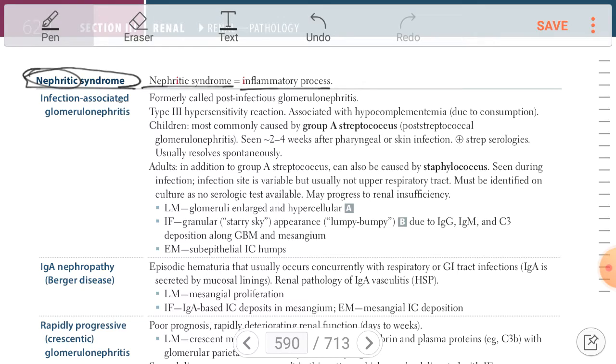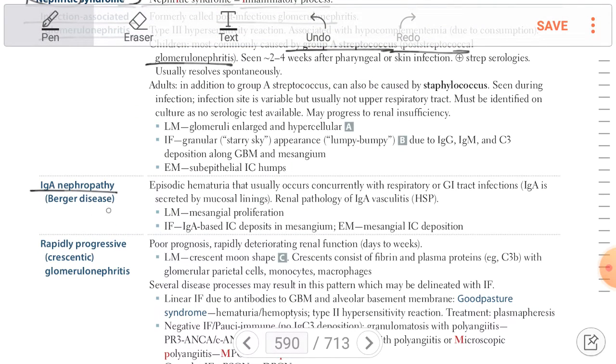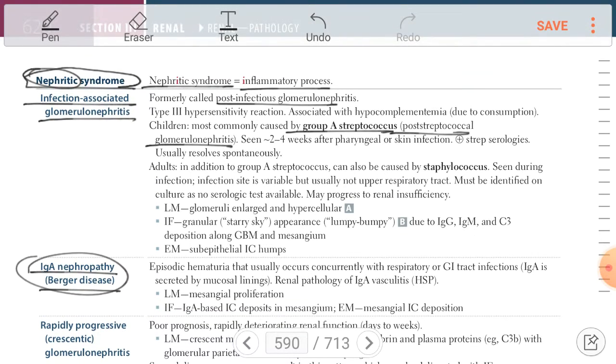So you must know the difference between infection-associated glomerulonephritis, which means post-infectious glomerulonephritis, post-streptococcal glomerulonephritis, and what? Immunoglobulin A nephropathy, Berger disease. In post-streptococcal glomerulonephritis, it's 2 to 4 weeks after pharyngeal or skin infection.